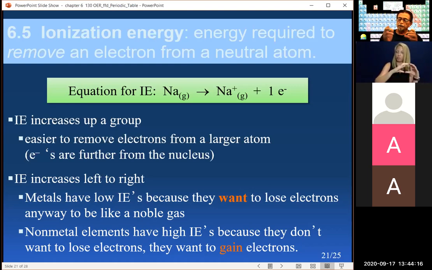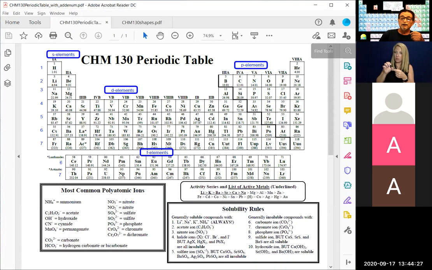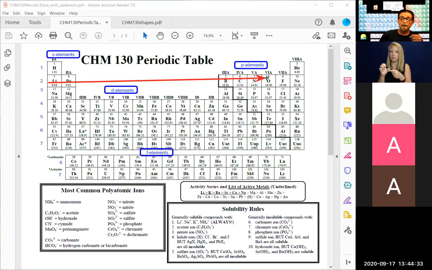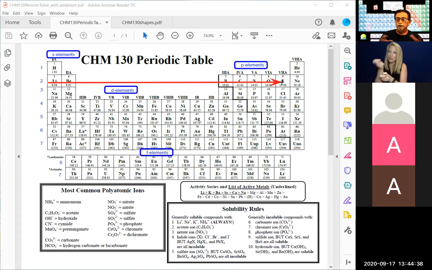So it's going to take more energy to remove an electron from those elements. Back to the periodic table, it's going to take more energy to remove those electrons that are held on tightly as we go across the periodic table, okay? Simply because there's more protons, more electrons, and there's more force to hold them in. So that's the second point.